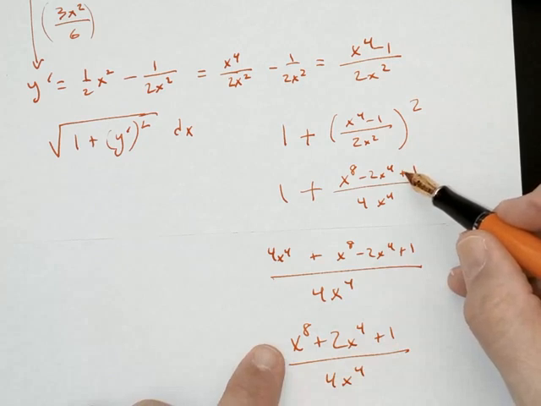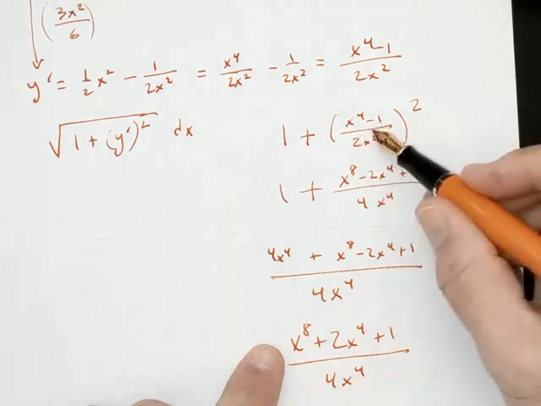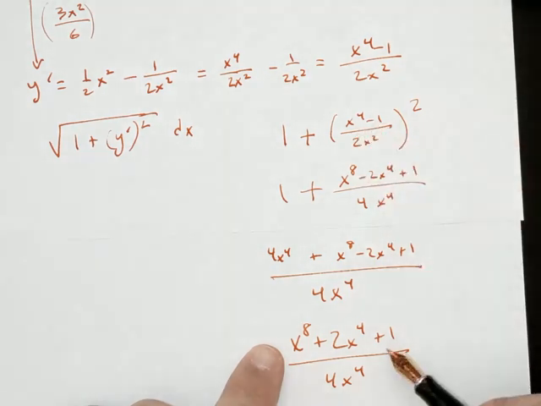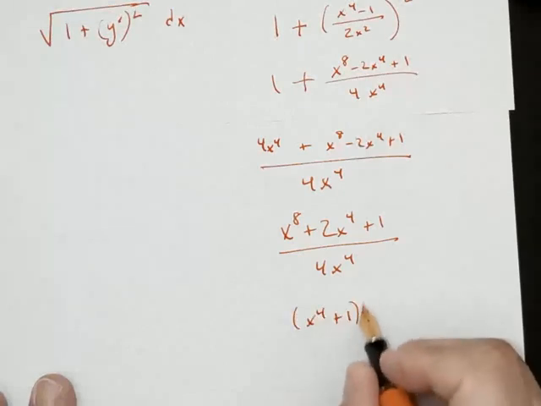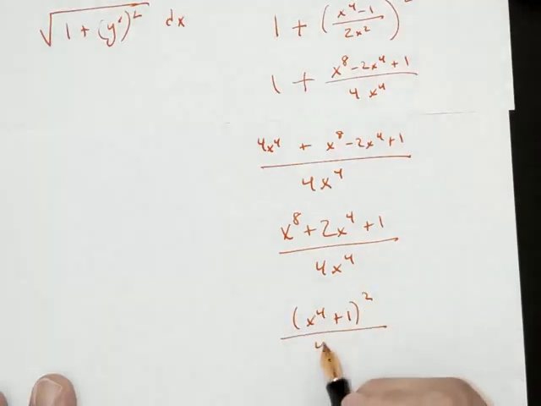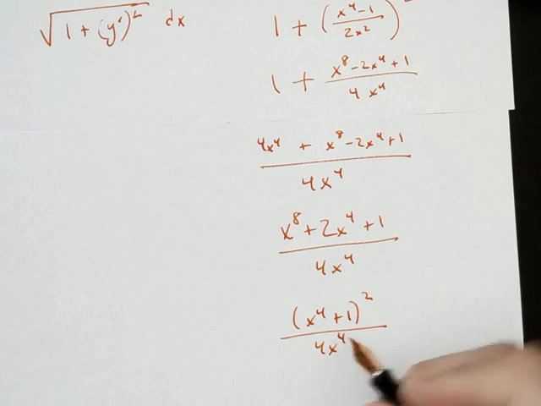The only difference is that middle sign, right? And we got this by multiplying this out. And that means that this factors. It's a square. And it's not just any square, it's x to the 4th plus 1 squared. Whereas the other one was x to the 4th minus 1 squared. They rigged the algebra for me.